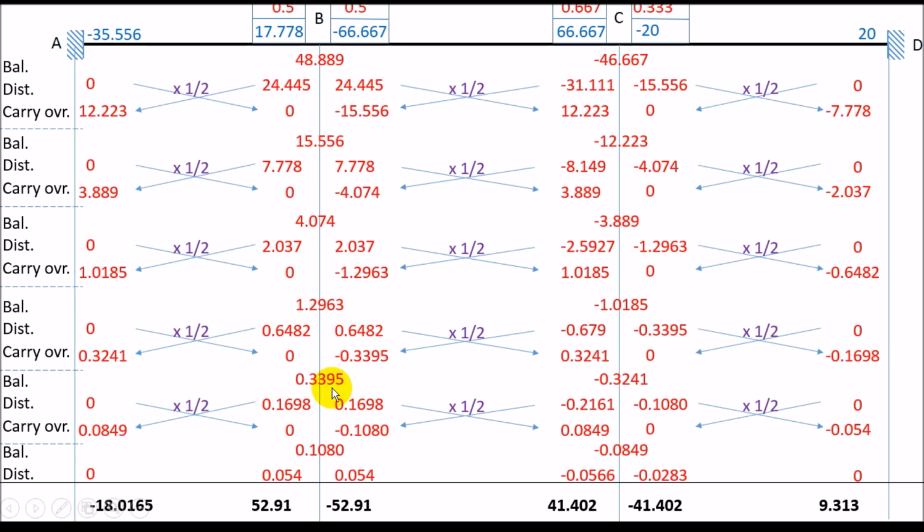Now since this is a tutorial, that is the reason I was writing these middle values, but as you practice more and more, you'll be capable of avoiding these values. These values have nothing to do with the final moments, so you don't have to add them or subtract them, you can avoid them. Just add these values.